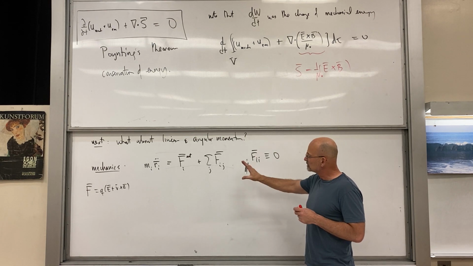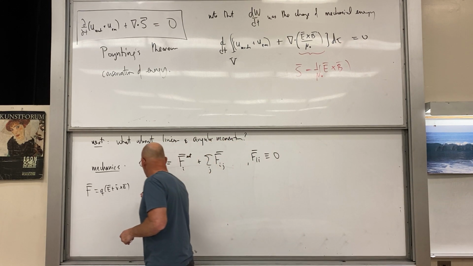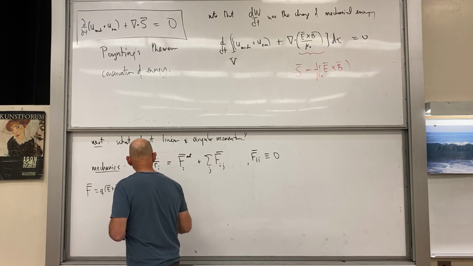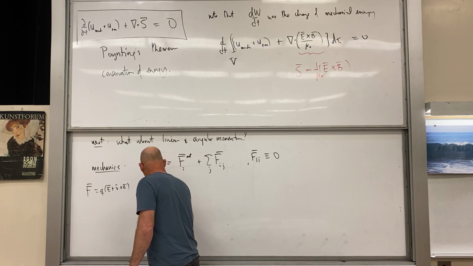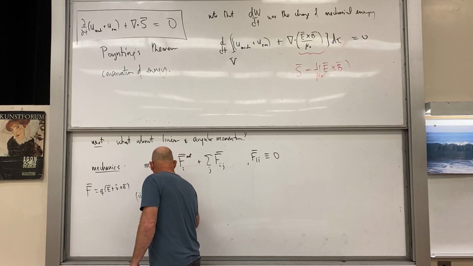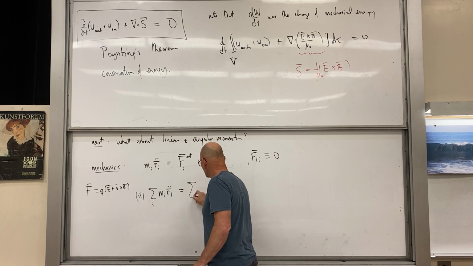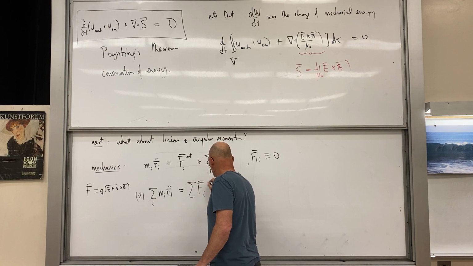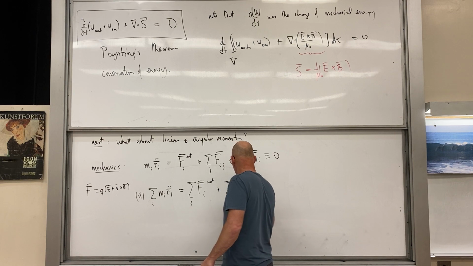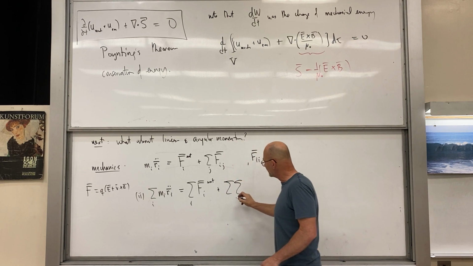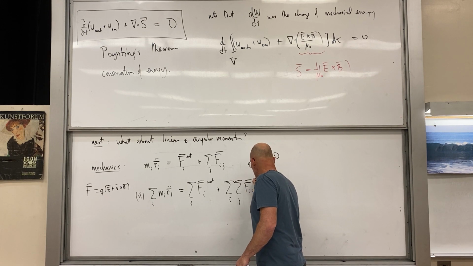So for the conservation laws, we could do two things. One thing is we could just add these. So we had the sum over i of m_i r_i double dot equals the sum over external forces, and then the sum over all the internal forces, over i and j, F_ij.